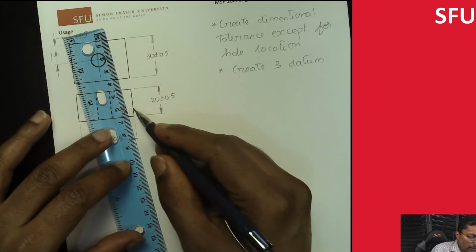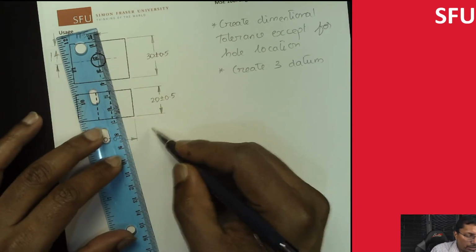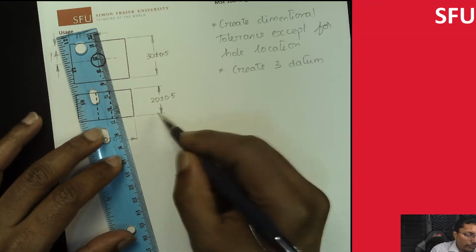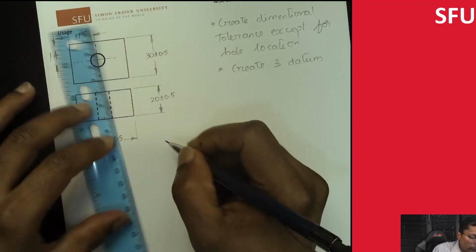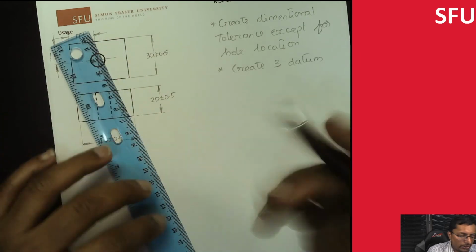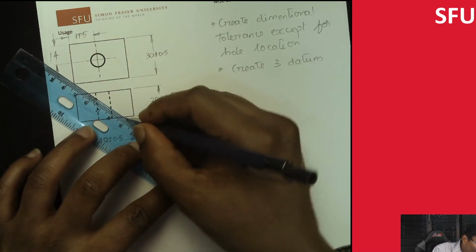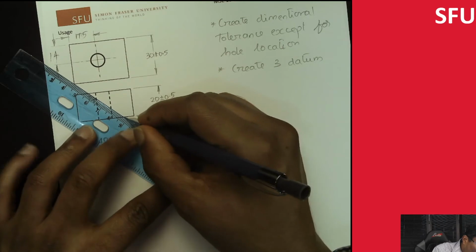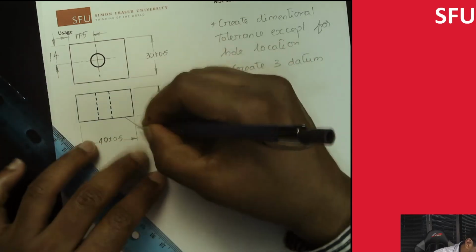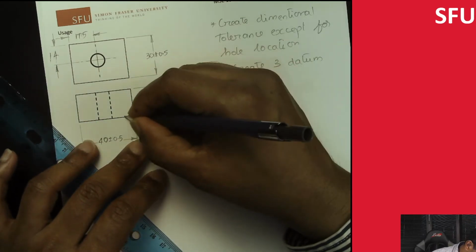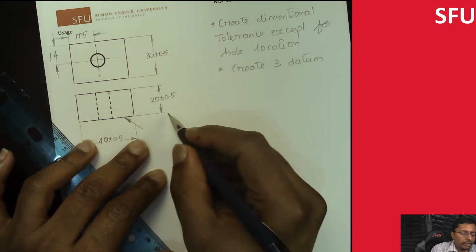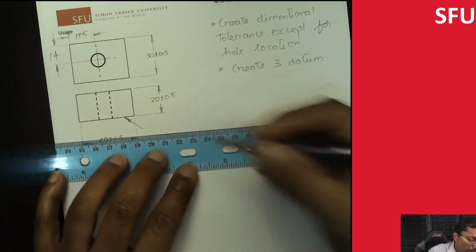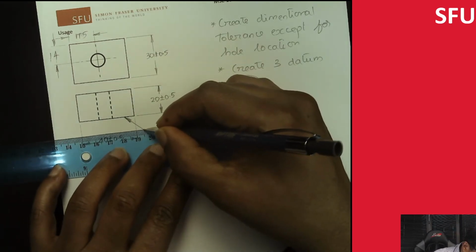I can either do an arrow from here, or since I already have the leader from my dimension, I can attach my tolerance frame to the reference here as well. Let me just do an arrow in this case. It's okay if the arrow crosses the line here, but if possible you can avoid it, so it will be helpful to attach it to the dimensional leader over here.